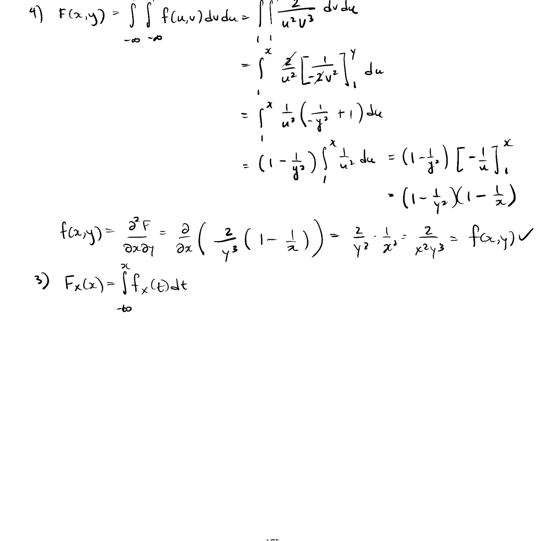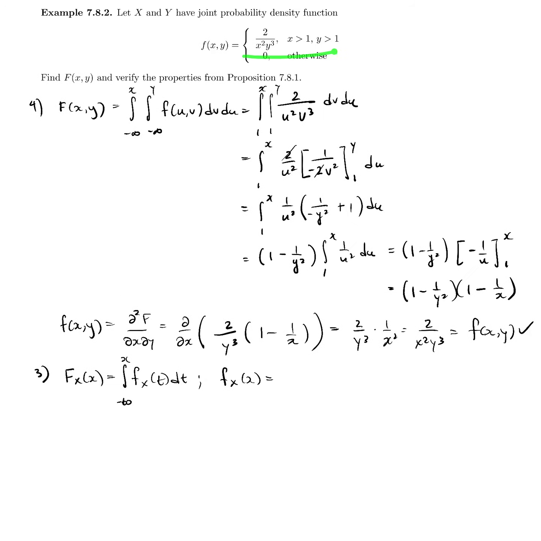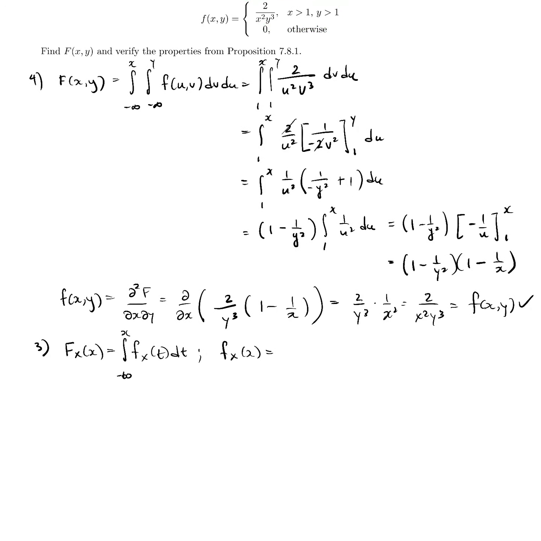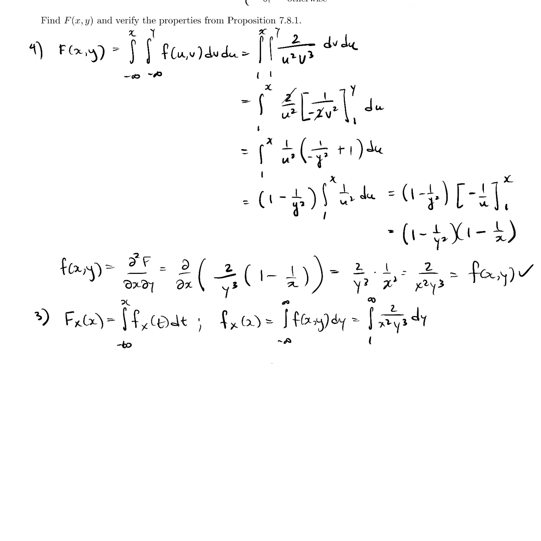And so for that marginal, f sub x of x, we need to integrate out the y from the joint density. So we're integrating from minus infinity to infinity of f of x y dy, that's the definition. And so that means we need to integrate from 1 to infinity 2 over x squared y cubed dy, which means that 2 over x squared is a constant times the limit as t goes to infinity.